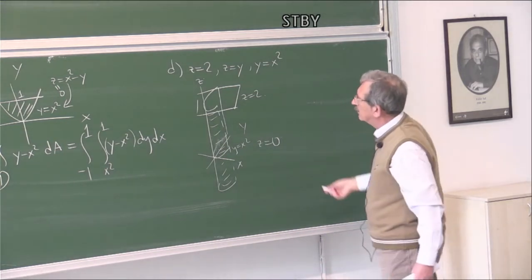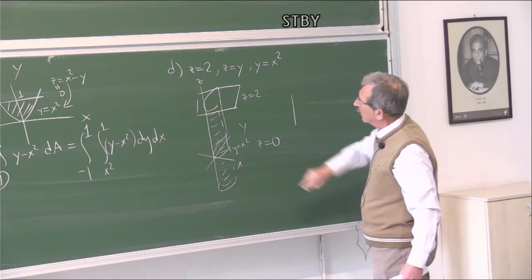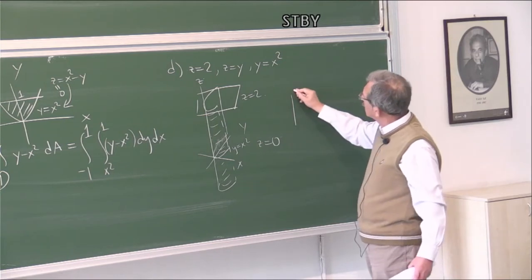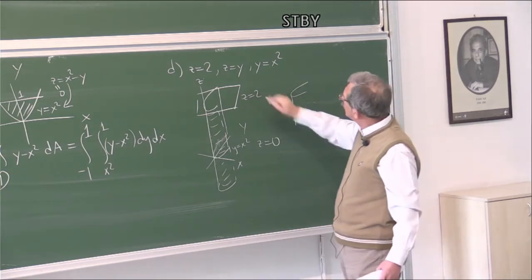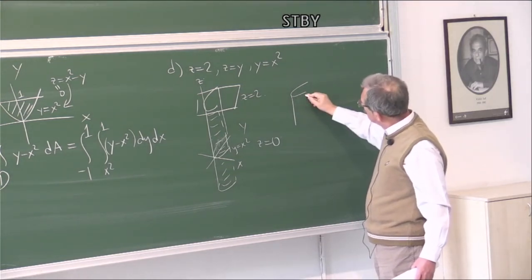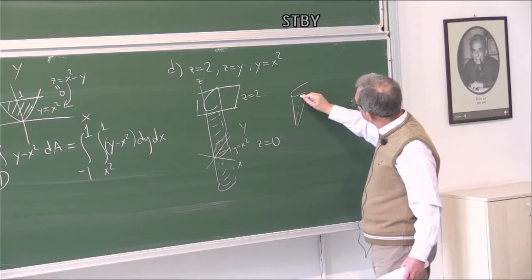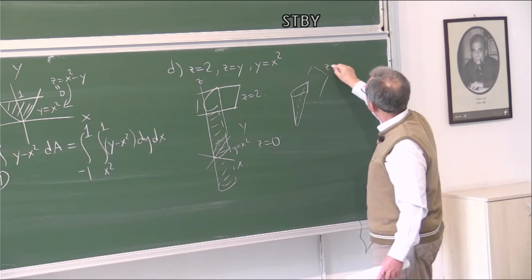So at the end, we get something like this. We have the z-axis. At the top, we have our z equal to 2 plane, and we cut it in this way with the plane z equal to y.